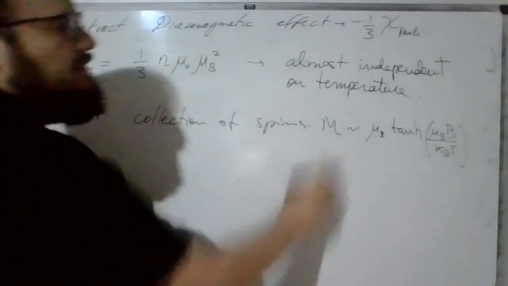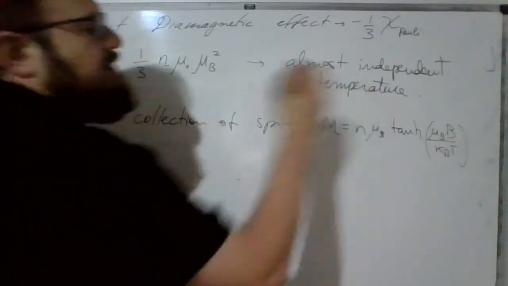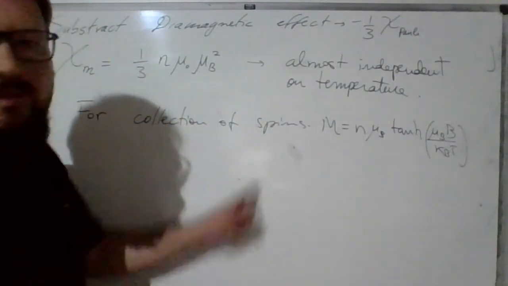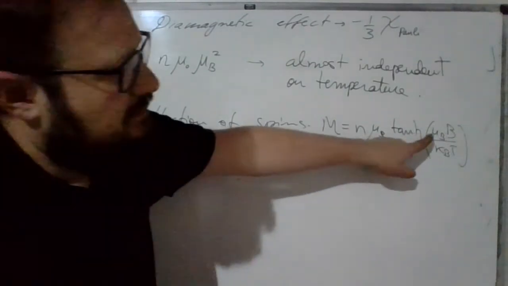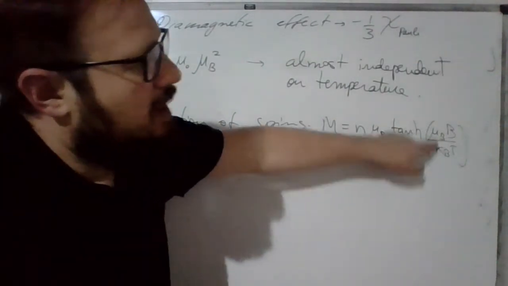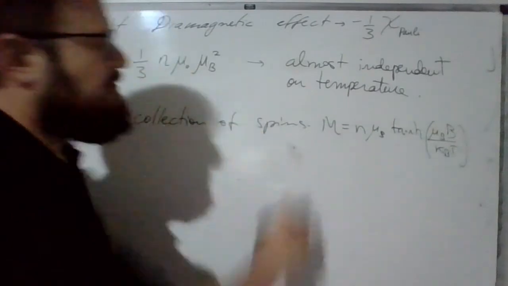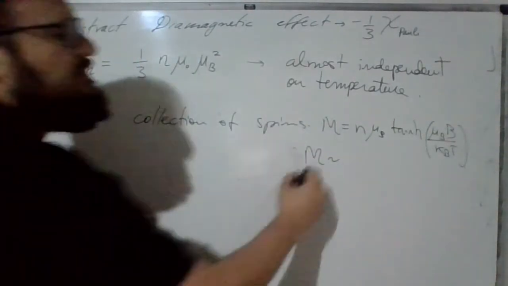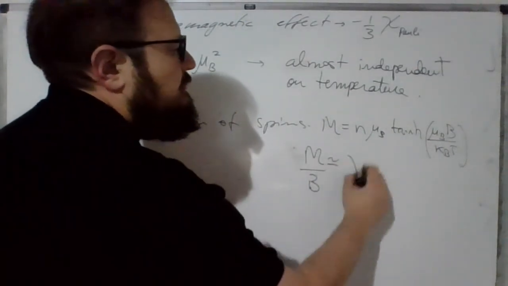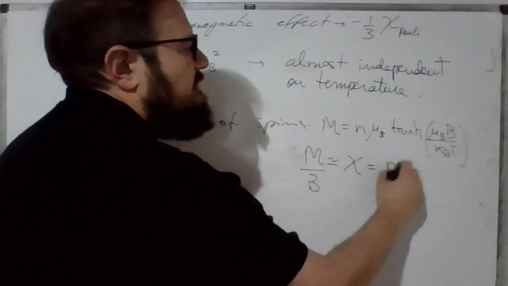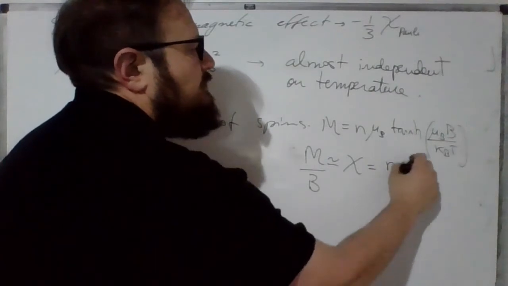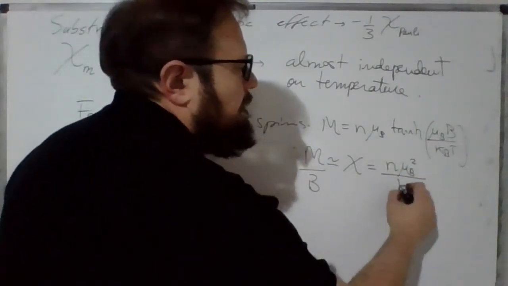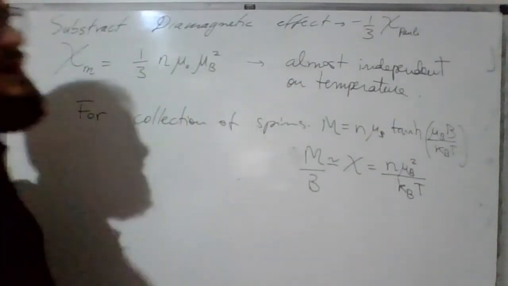If it is properly multiplied by n here, and you take the small argument limit, we would find M approximately proportional to B, which produces a susceptibility in the range of density times Bohr magneton squared divided by kBT.